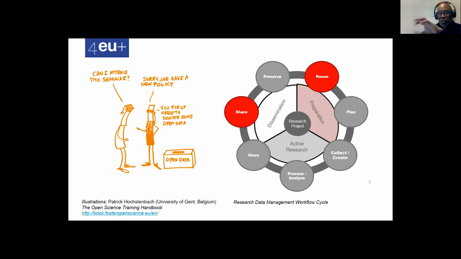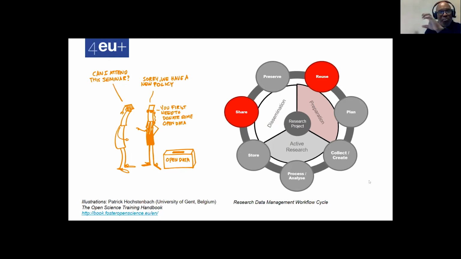And of course, there's a box there relating to open data. As my colleague Jochen has been discussing, open access is a way to make scholarly publications and data sets open, available to the public for scrutiny and verification. Likewise, is the same as it relates to open data. And as you can see there to the right, there is the research data management workflow cycle.